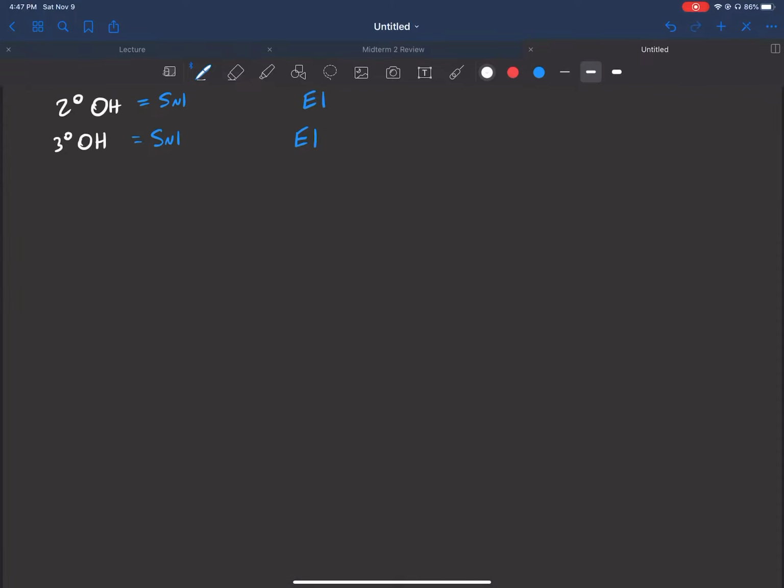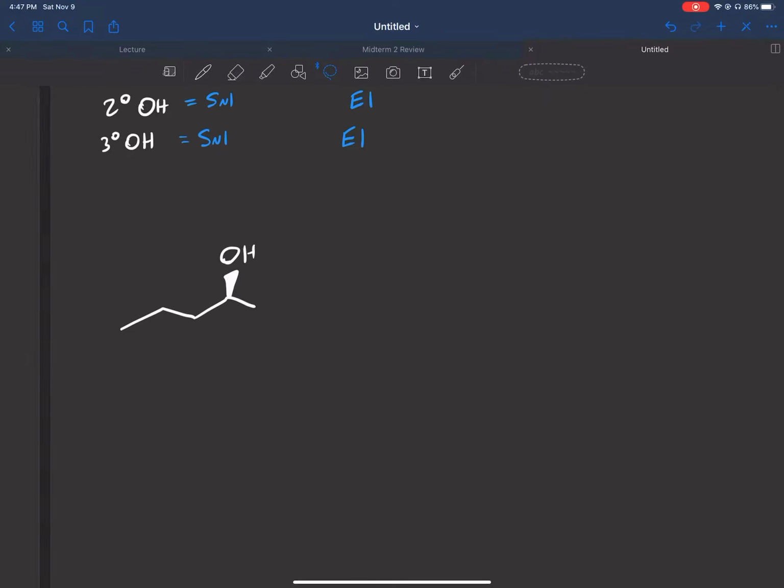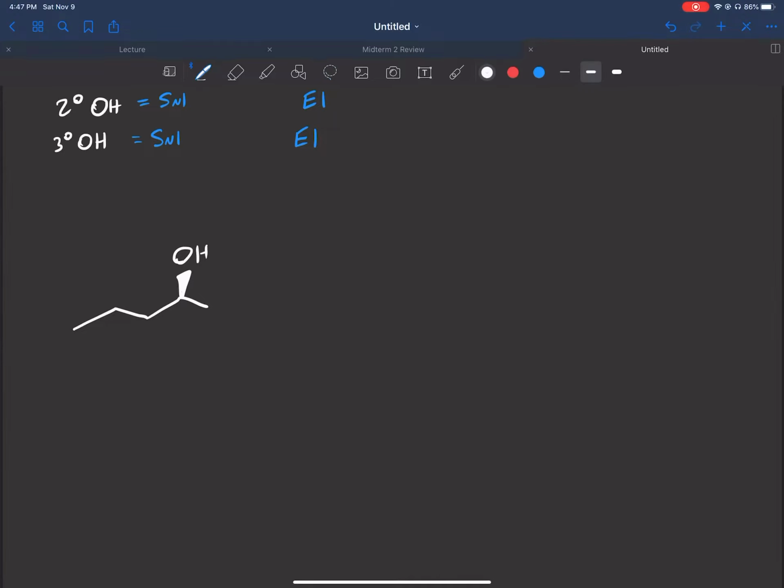So here, let's say we have this structure right over here. And the way you could see this on the test is they can either give you the full structure or they can give you the abbreviation. So I'll give you the abbreviation over pyridine.